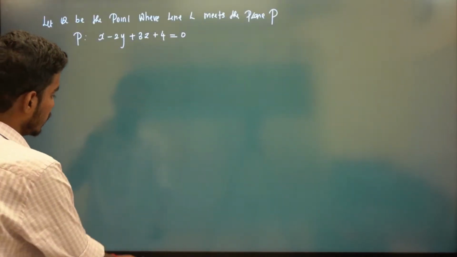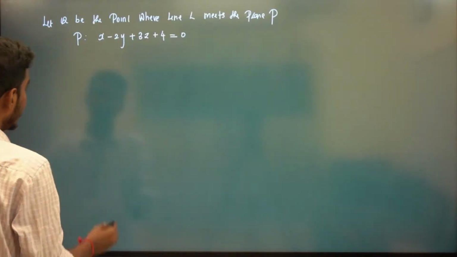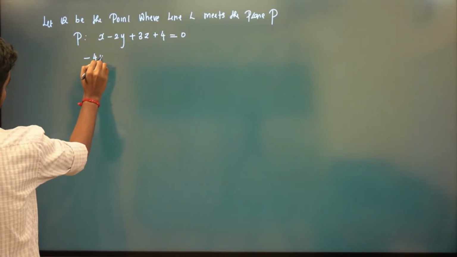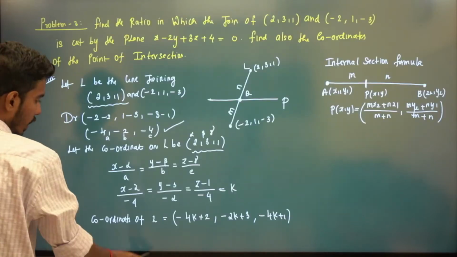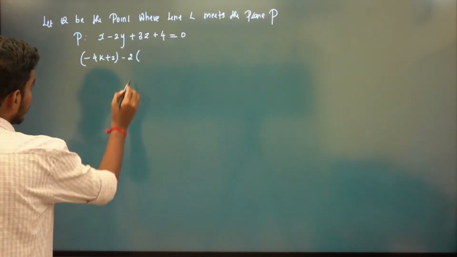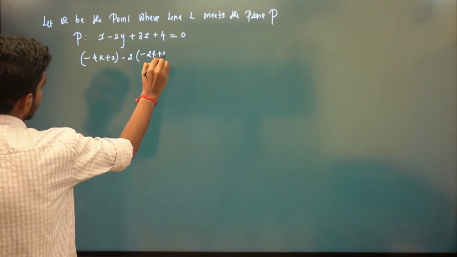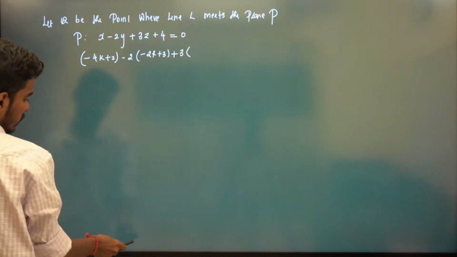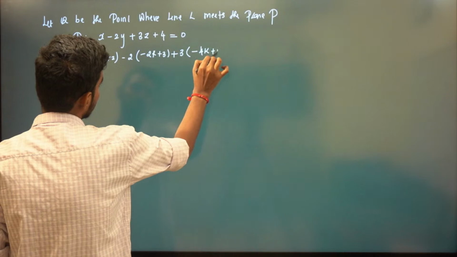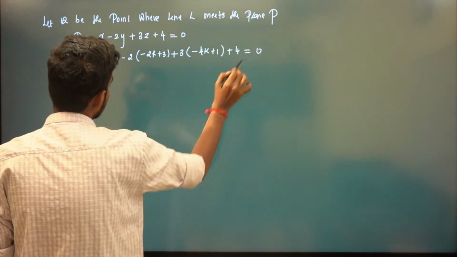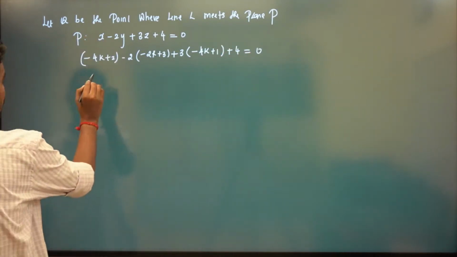The plane is x minus 2y plus 3z plus 4 is equal to 0, right? Now we know any point on the line will be of the form minus 4k plus 2 for x, minus 2 into y, so y is minus 2k plus 3, plus 3 into z, minus 4k plus 1, plus 4 is equal to 0. Simplify this.